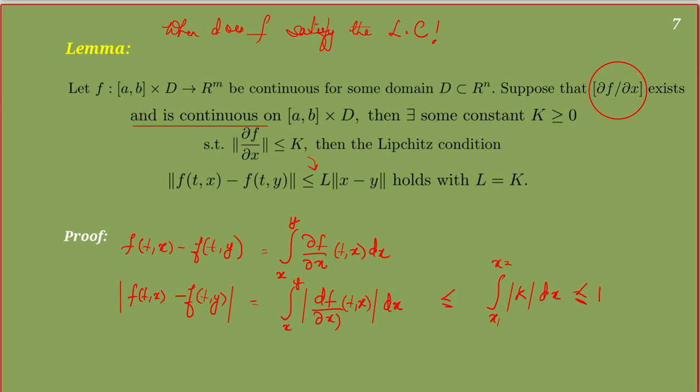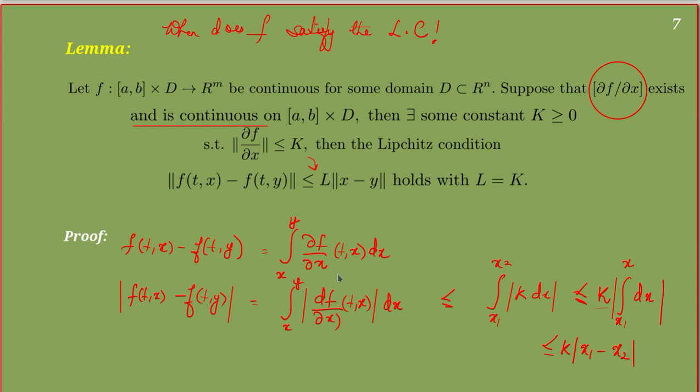So I can write k times the integral from x1 to x2 of dx. I forgot to write the dx here; then it will be correct. So this becomes less than or equal to k times (x1 minus x2).